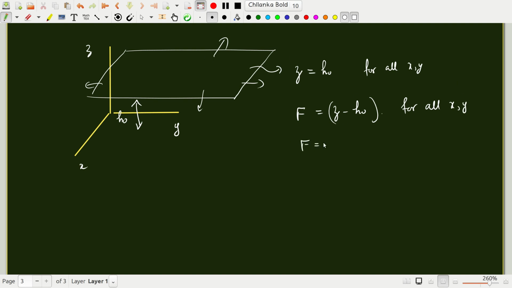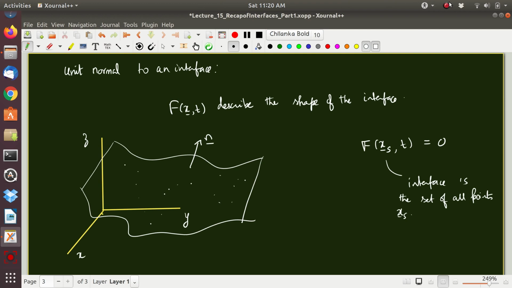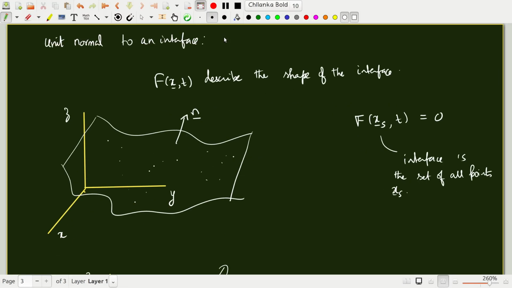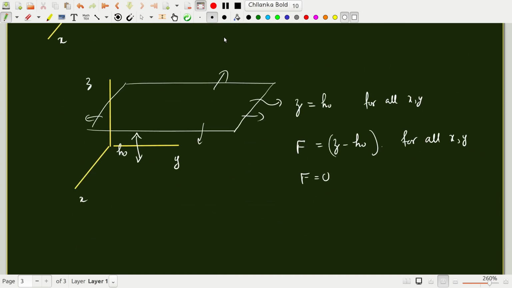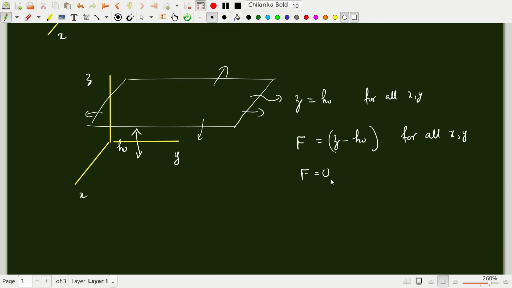Whenever f is 0, z becomes h0. So f equal to 0 means that whenever z takes the value of h0, f becomes 0. So you are locating this interface. This is called the equation of the interface for this very simple case.